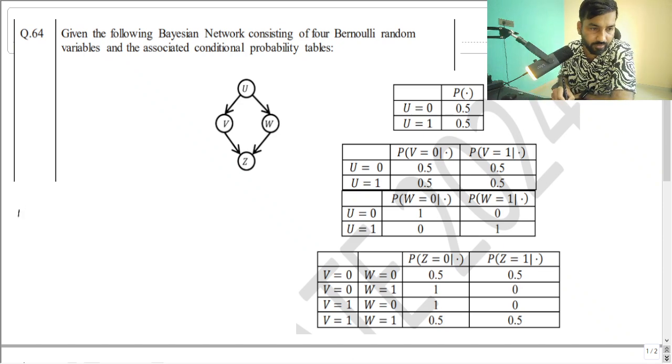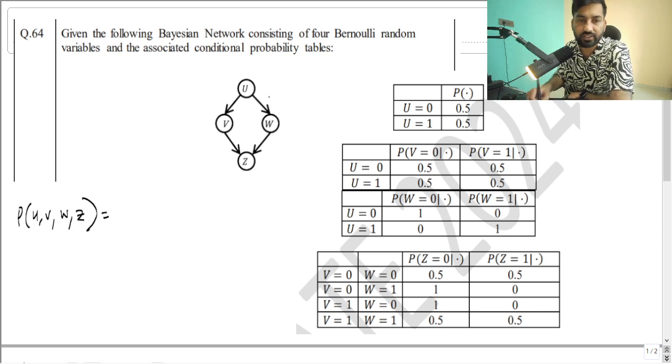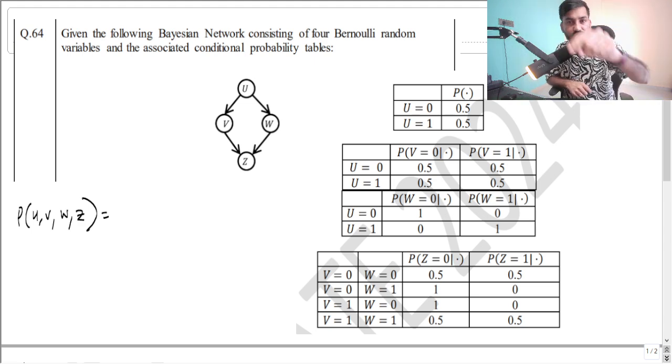So we can write the joint probability, P of U comma V comma W comma G, as equal to what? Keep in mind, this is very important when you are solving a Bayesian network problem. These nodes represent the random variables. There are four random variables; if there are five, they will give you five. And these arrows are very important.